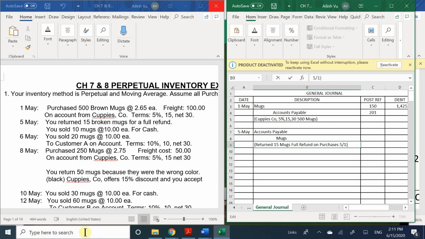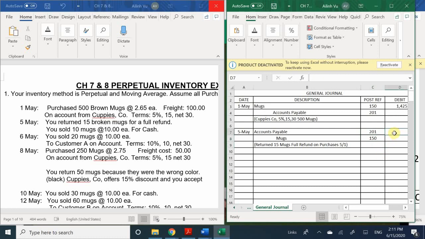Now, Andrea, you went ahead and solved for it. Yes, I took the 15 times the 2.65 each, and we got $39.75, which is the full refund. So we know from here that I'm going to fill the account. It's 201, and we got 150.